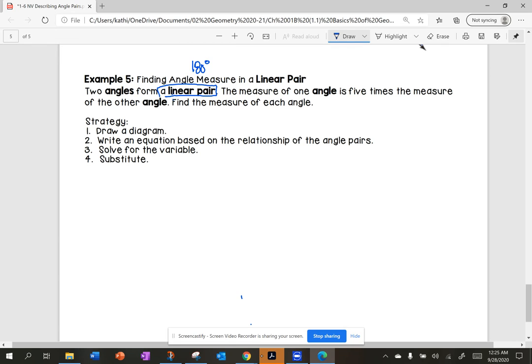So let's start out. Let's draw a diagram. So I have two angles that total 180. And I know that because linear pair means I am supplementary.